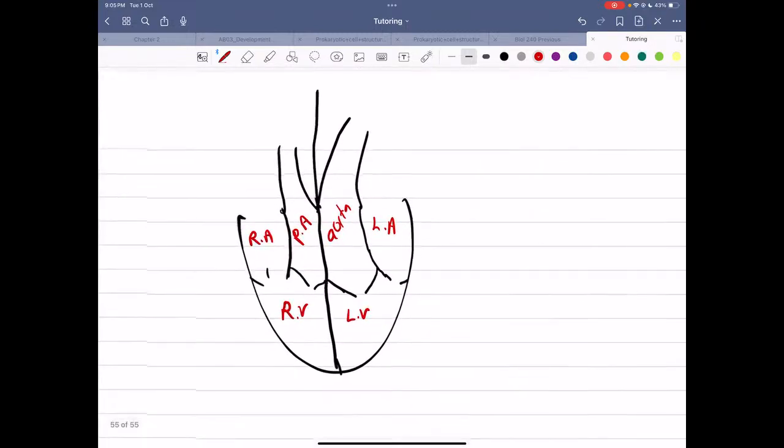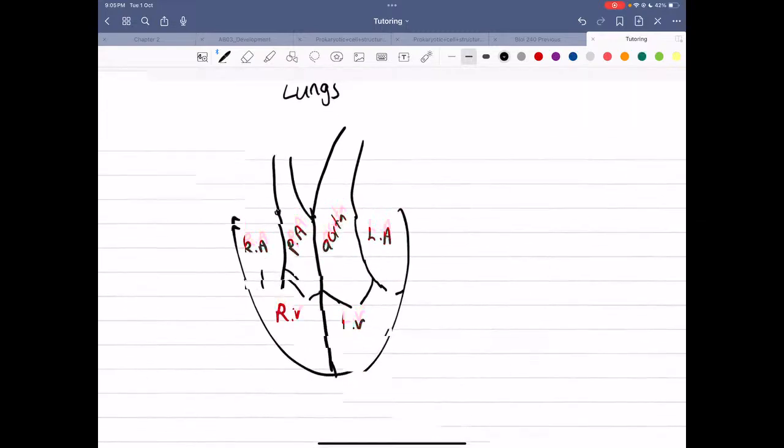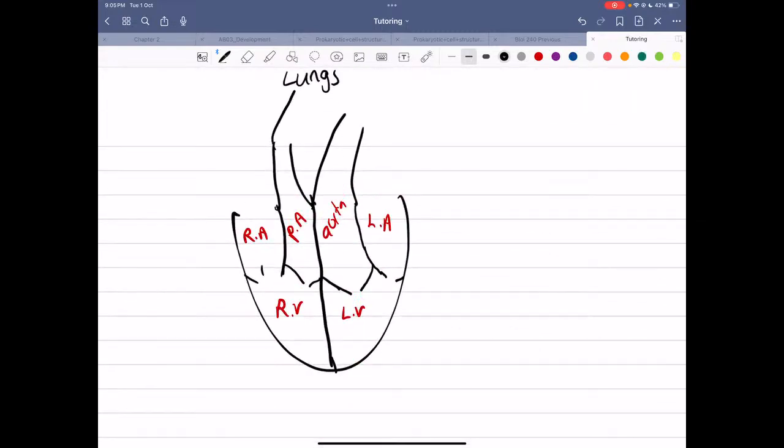And I'm also going to draw up here the lungs. One going to the lungs and one going away from the lungs. So the one going away from the lungs is going to be our pulmonary vein, and of course the one going towards the lungs is going to be our pulmonary artery.